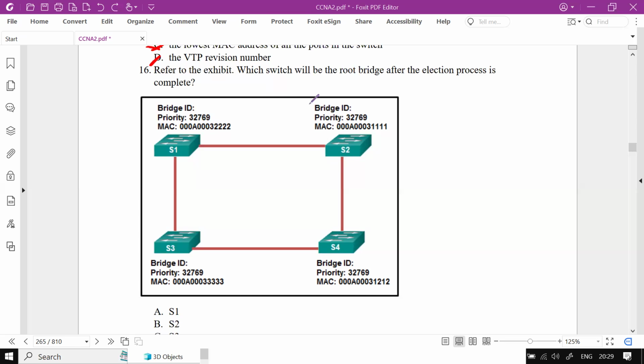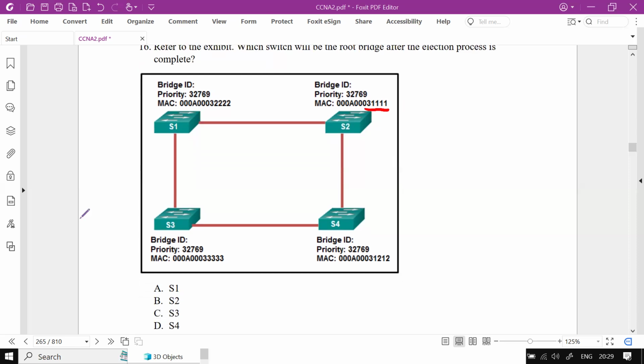Therefore, we use the MAC addresses, the lowest one. I can see we have 3133 31, which I think is the lowest. So our answer is switch 2. This is the lowest MAC address.